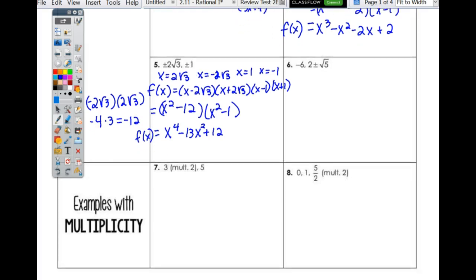So the last examples are if I'm given my zeros, but now I add some multiplicity. So if I have 3 and a multiplicity of 2, that means I have that twice. So when I write this, oops, that'll be minus.